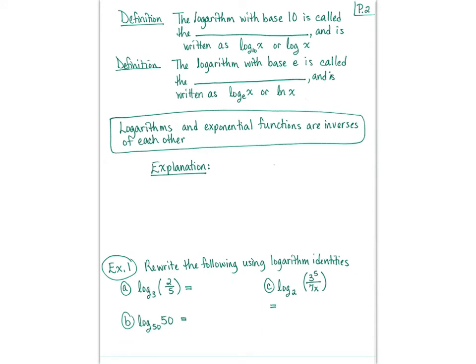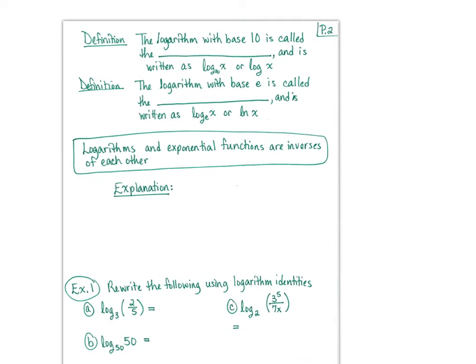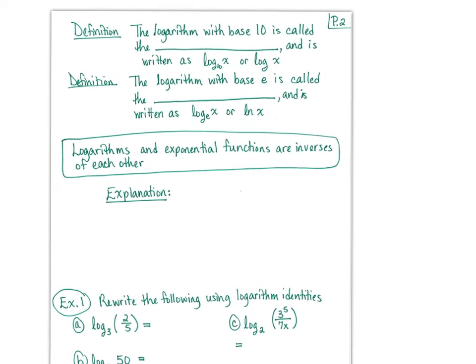Because we use it so much, the logarithm with base 10 is called the common logarithm. It is written as log of x base 10, or just log of x with the understanding that the base is 10.